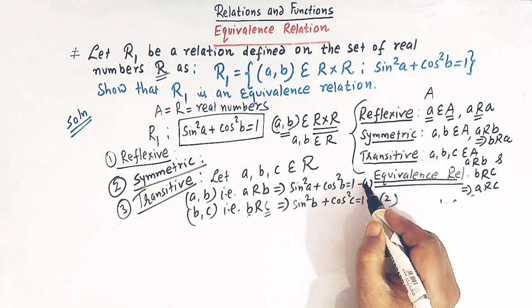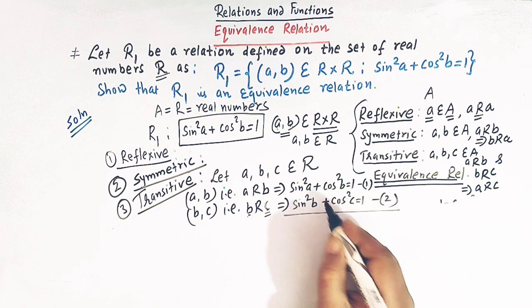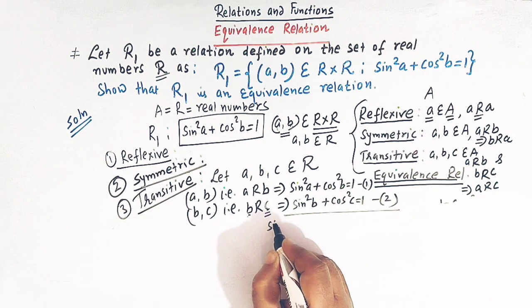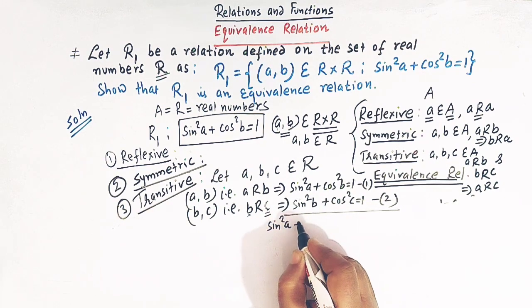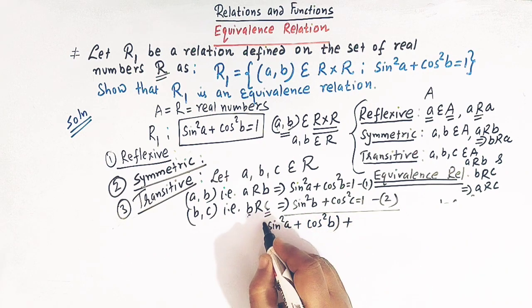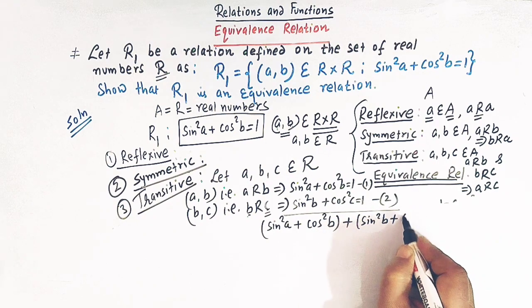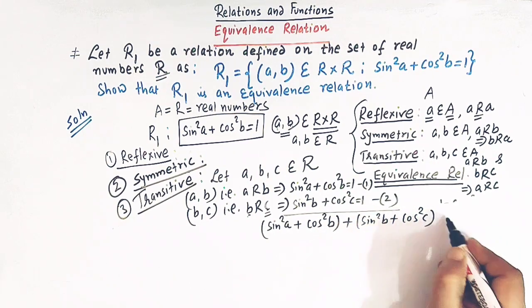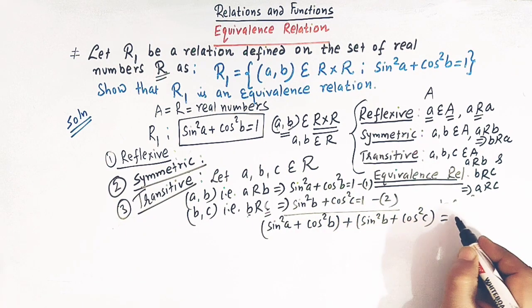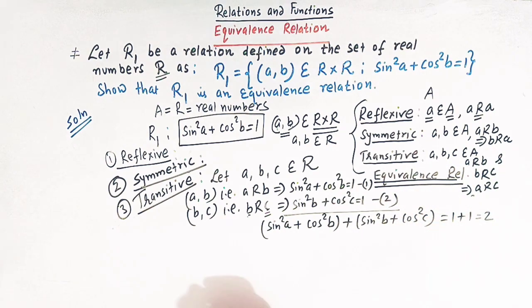So now we have two equations. Now let us add these two equations. So what we have: sine square A plus cos square B, then we have sine square B, and then we have cos square C, and here we have 1 plus 1, that is equal to 2, right?